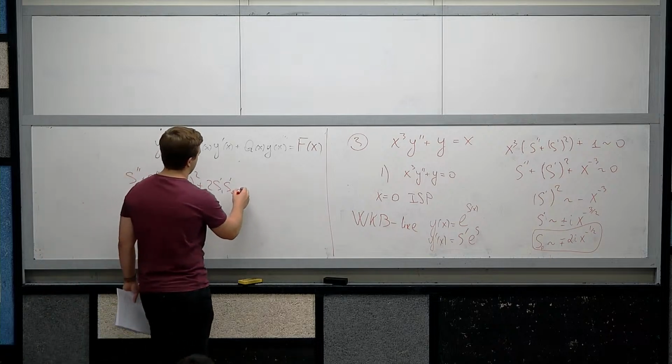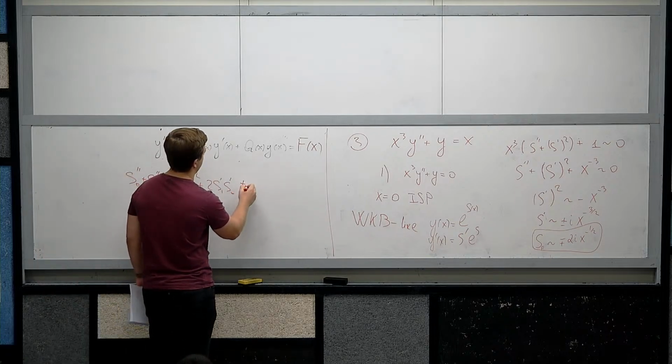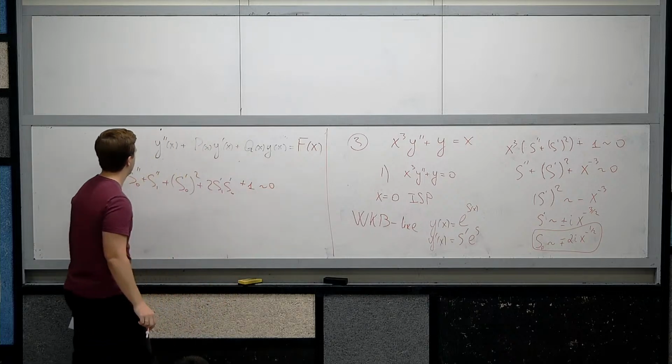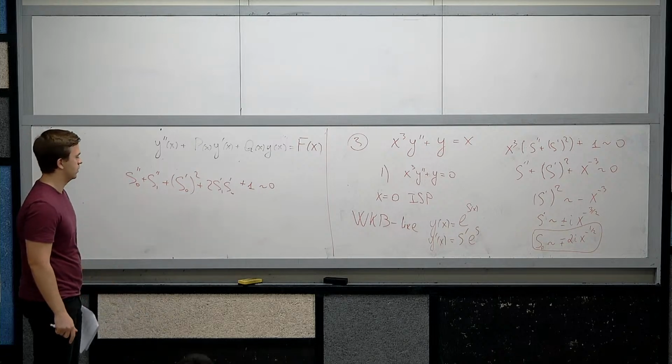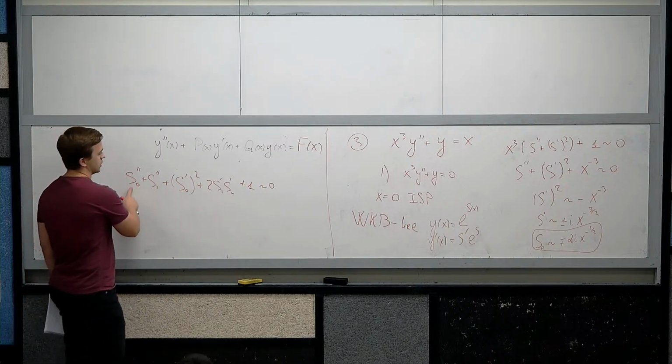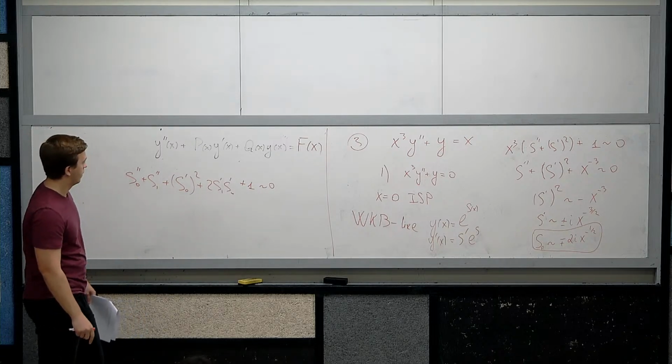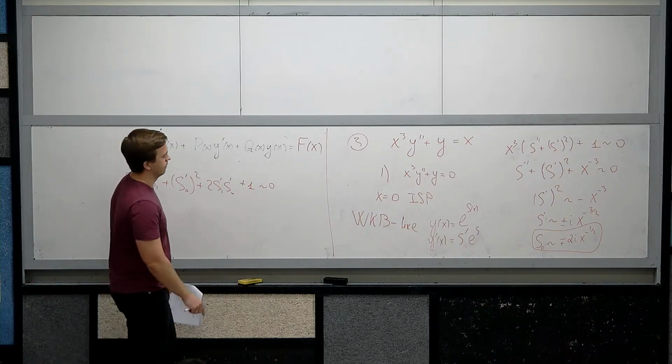Okay, so on this plus 1, asymptotic. When we plug in what we found for S naught, and as before it would be plus 1 over x cubed.